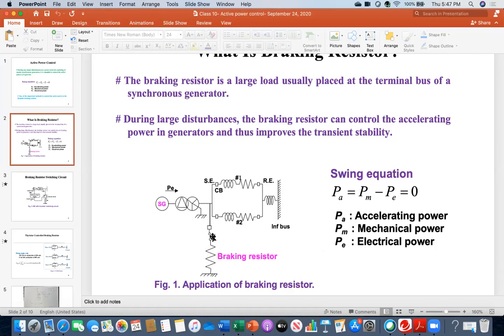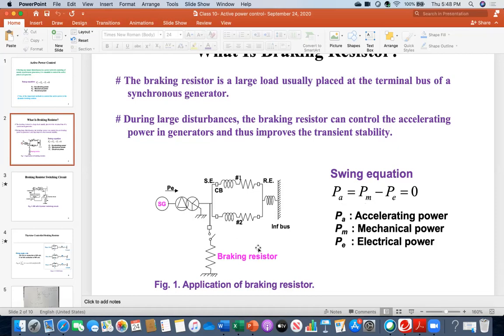If you always connect it, it will always consume power. The braking resistor cannot generate or provide any power; it can only consume power. So everything will go in loss, and you cannot always connect it. That's why it is an automated switch. Once there is any fault, the signal will come, get it connected, and it will understand the status of the system. When the system stability is maintained, it will be disconnected again.